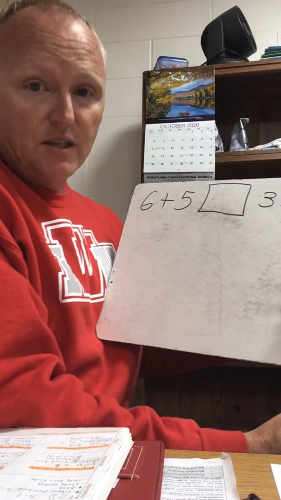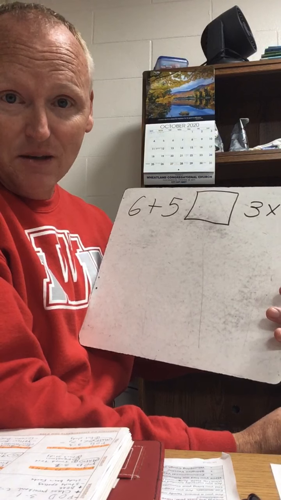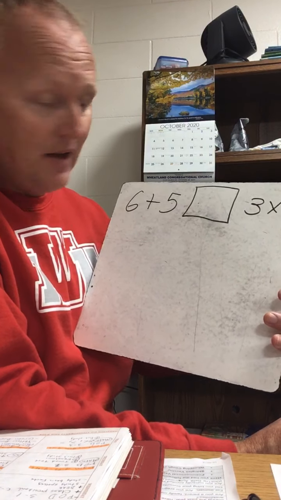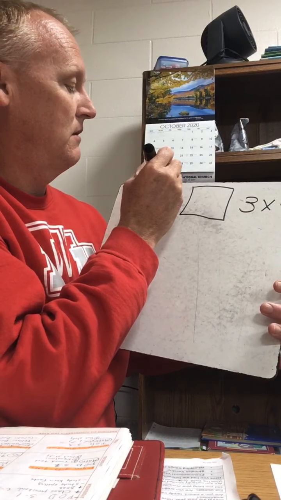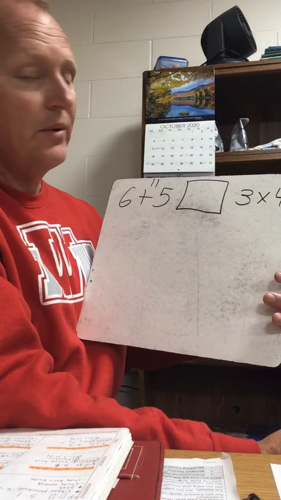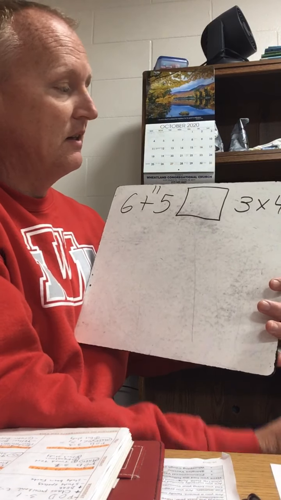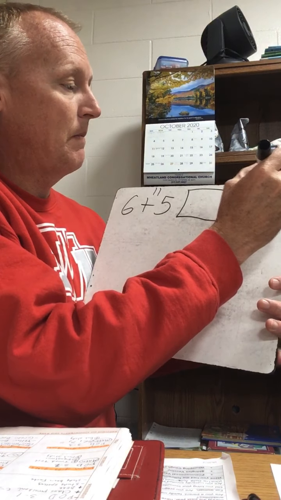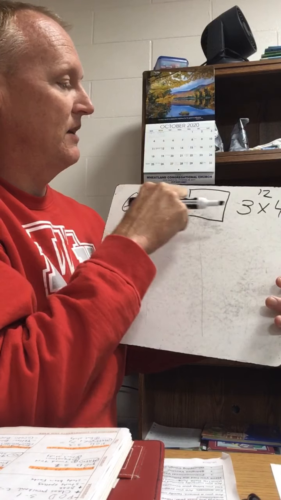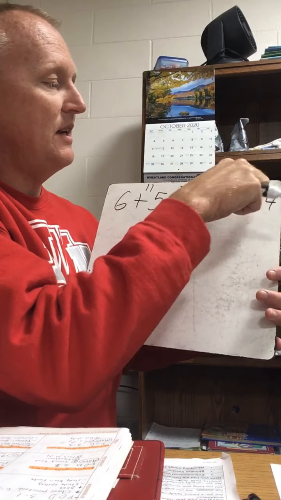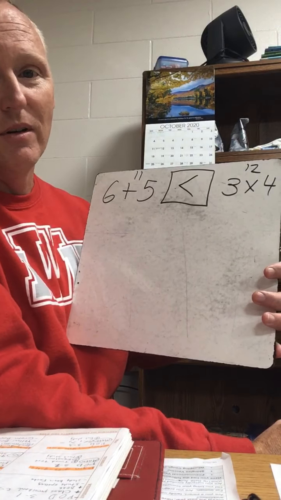Okay, 6 plus 5, that's a basic fact from first grade, right? So you should have that memorized. That's just 11. 3 times 4, most people definitely have that memorized from this year, and that's 12. Okay, so 11 is less than 12. And the alligator's eating the 12 because it's the bigger number.